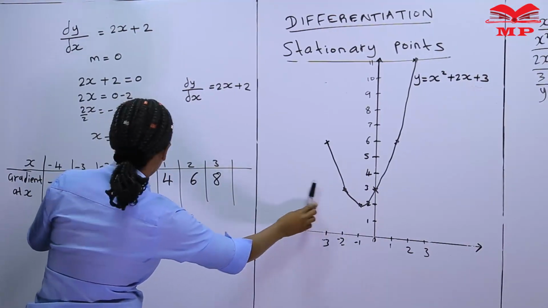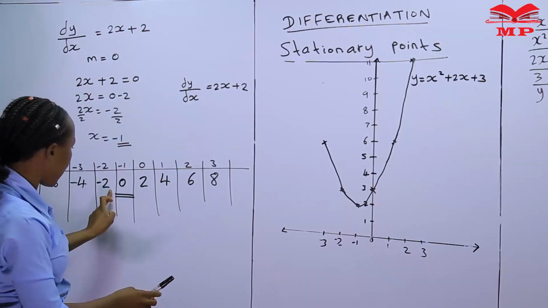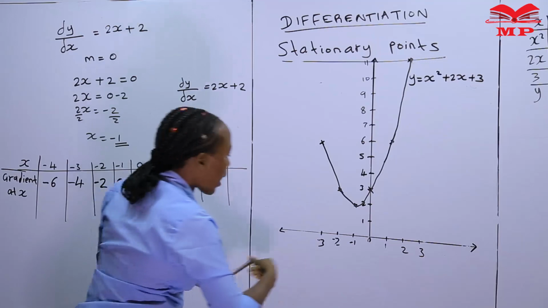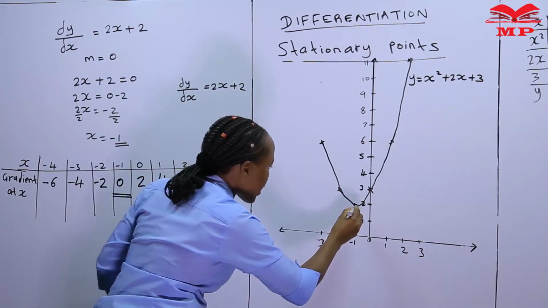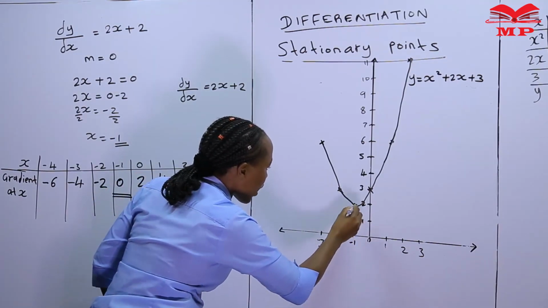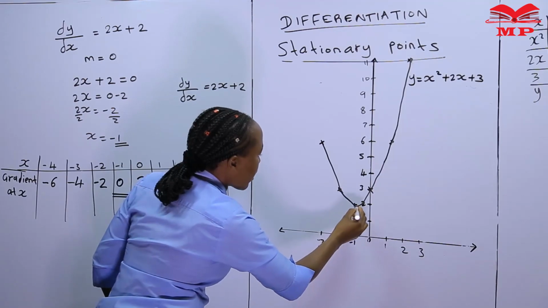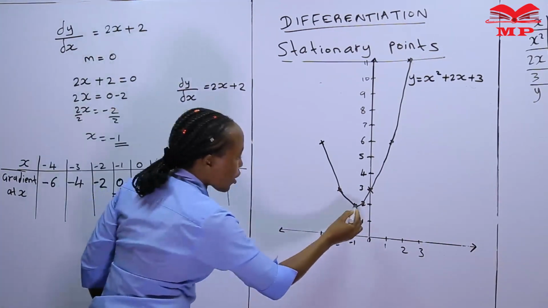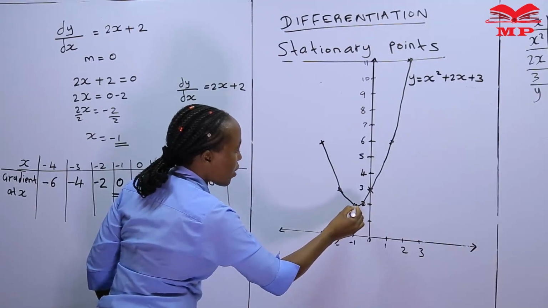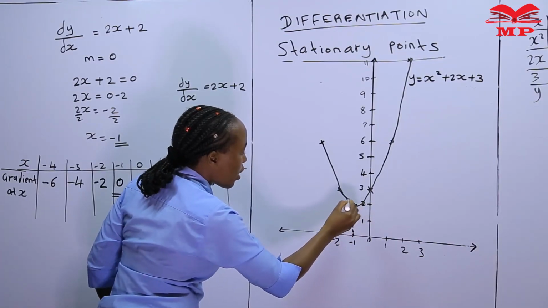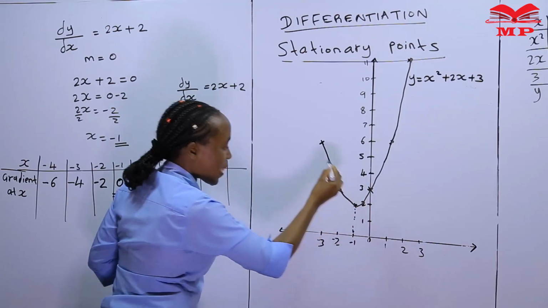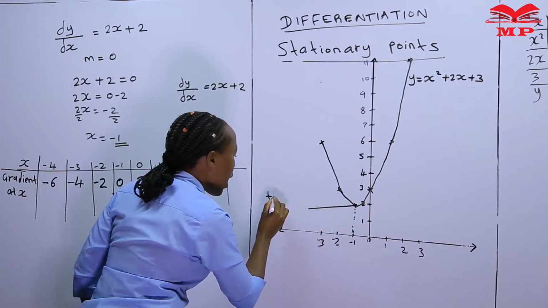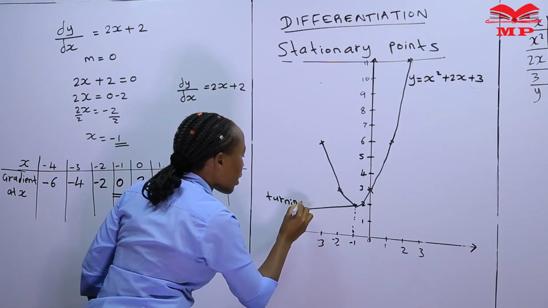On all these points on this side, we can see the gradient. At the point where x is -1, our gradient is 0. This point is where the curve is turning, and we refer to it as the turning point.